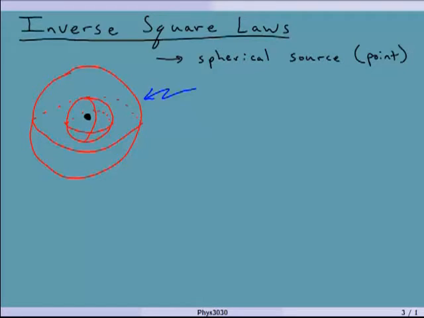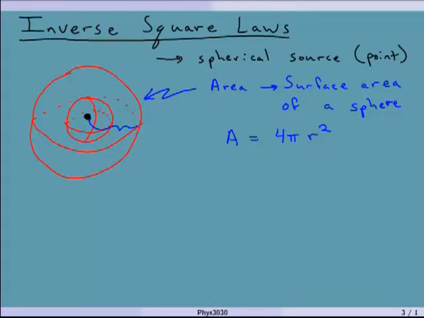But as it comes, it spreads out, and the area of this thing is the surface area of a sphere, which is 4 pi times r squared, okay, where r is the distance from the thing in the center, whatever it is, to the outside of that sphere.